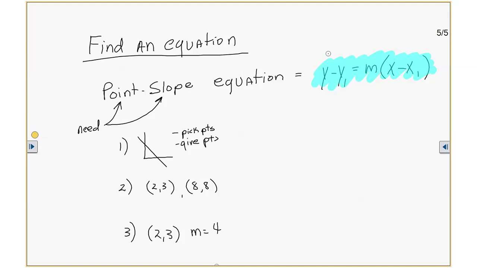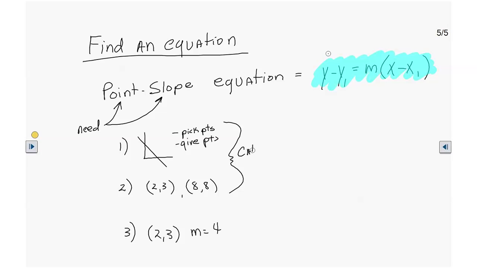Now, both of these, what do you not have? The first two, what do you not have for the point-slope equation? You don't have the slope, so you have to calculate the slope.